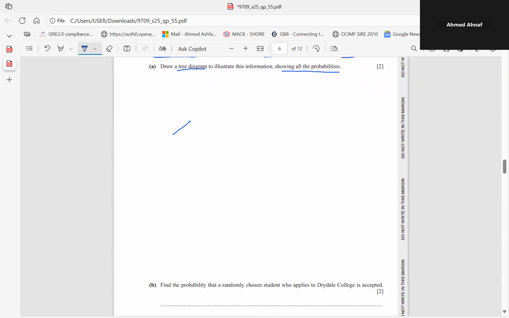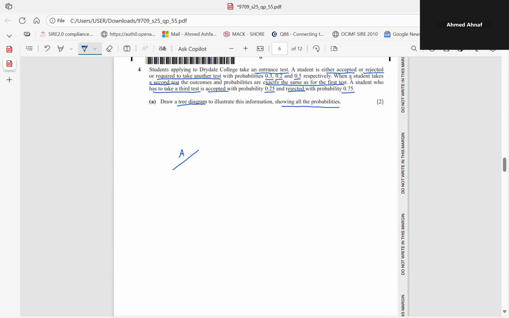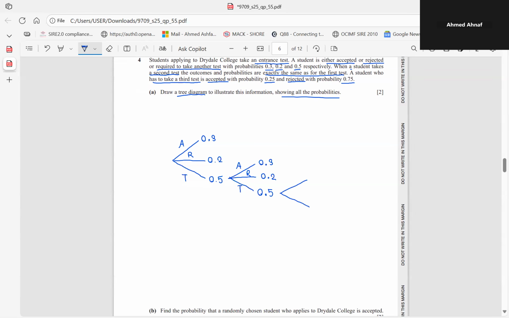Accepted is 0.3, rejected is 0.2, and test, which we'll write with the letter T, is 0.5. For those required to take another test, the outcomes are the same: A, R, T, with acceptance 0.3, rejection 0.2, and another test 0.5. For students who have to take a third test, we have only two outcomes: acceptance is 0.25 and rejection is 0.75.